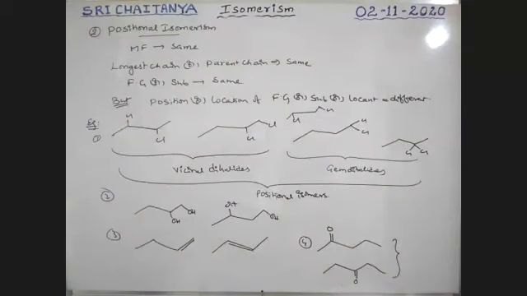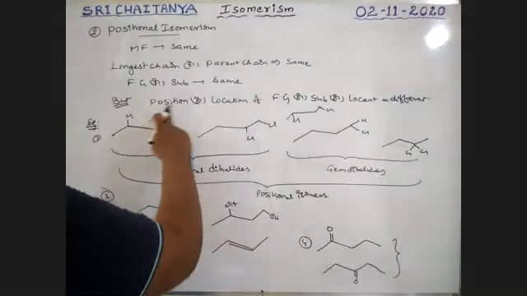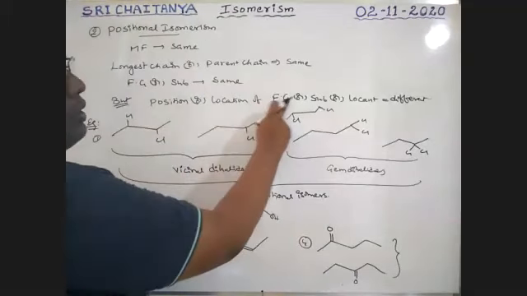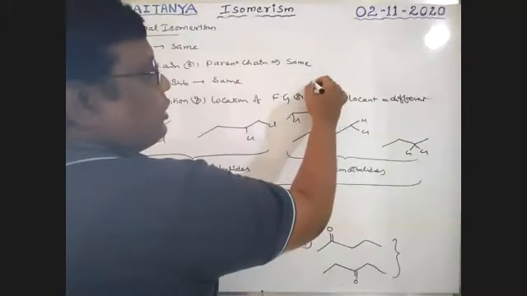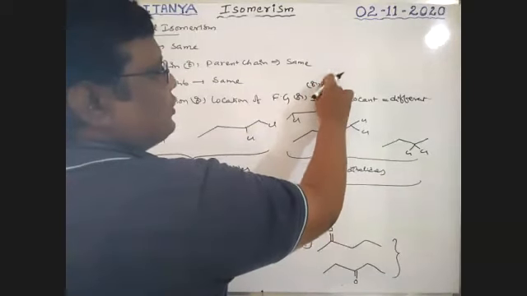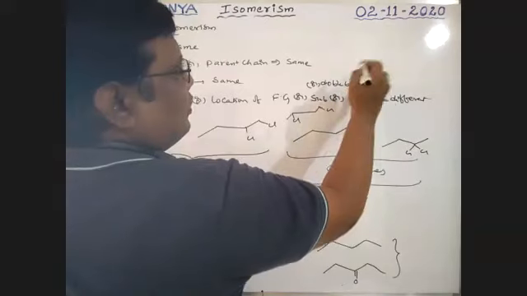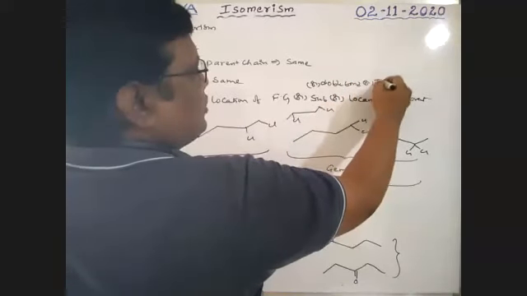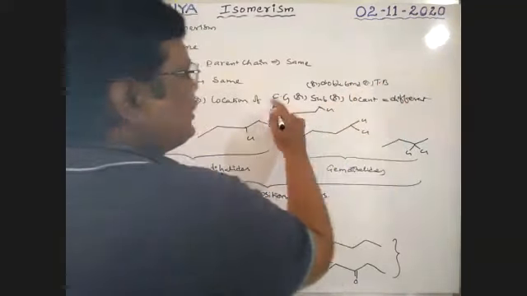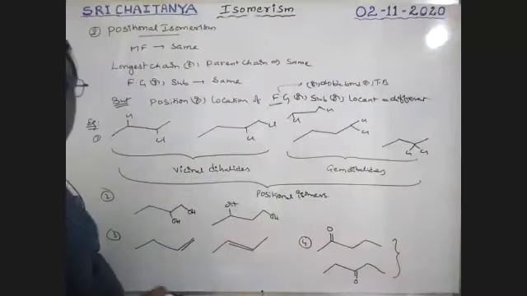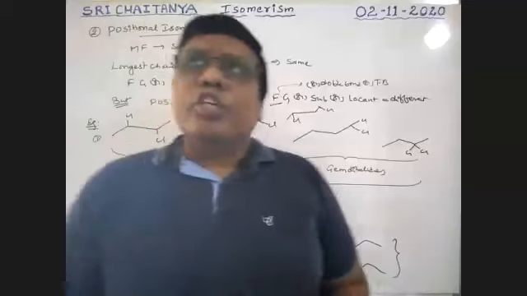So here the position or locant of the functional group or substituent, or double bond also, please consider it. Double bond or triple bond, all these come under functional groups. Everything is different. So this is about positional isomerism.